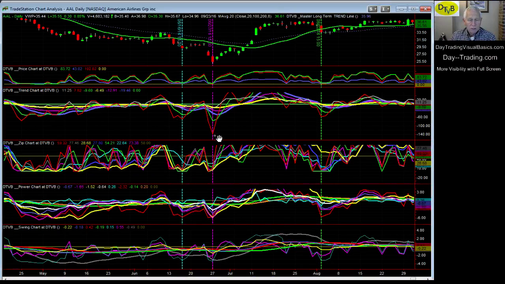One of the factors that really helps out is if you have, I call them spikes, and it's basically strong movements. If you go up here 2 days before the pink vertical line, trend red was 14. The next day it was minus 78.